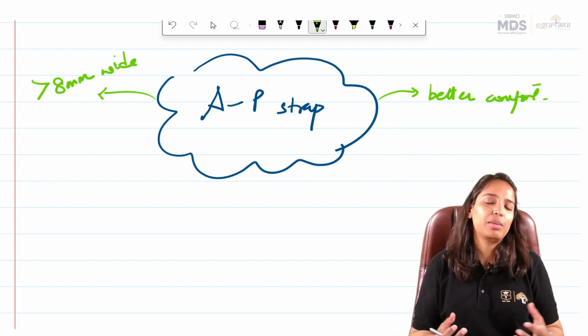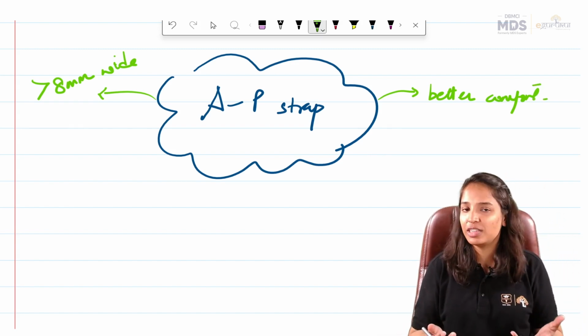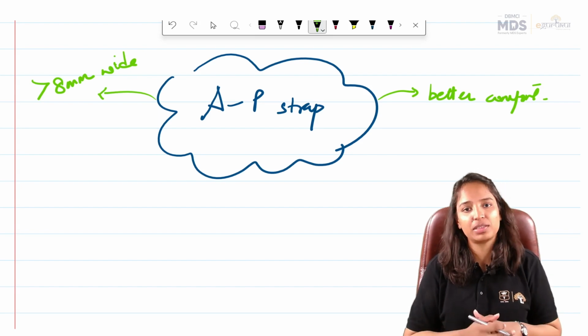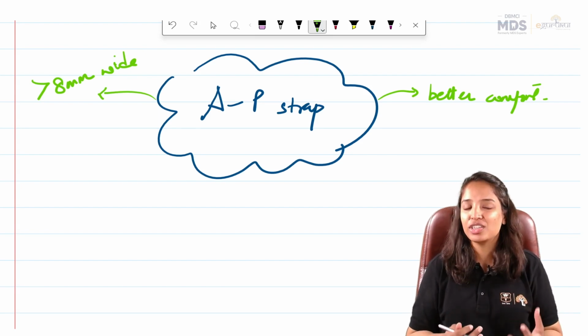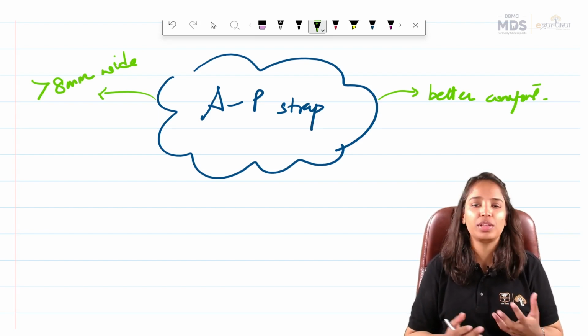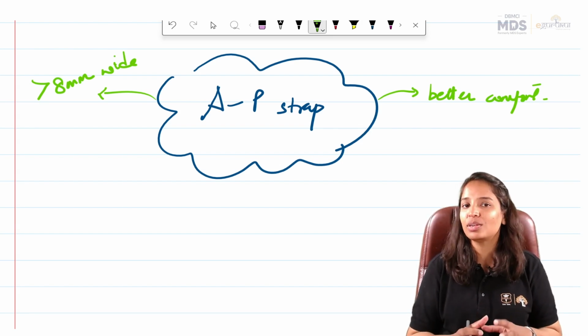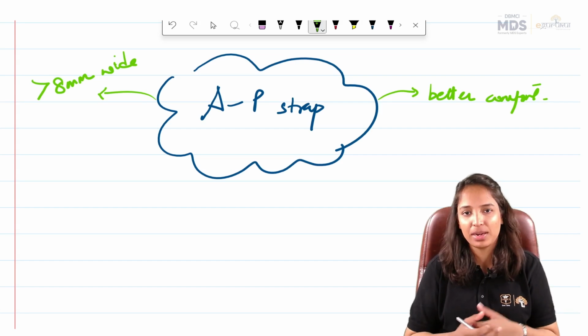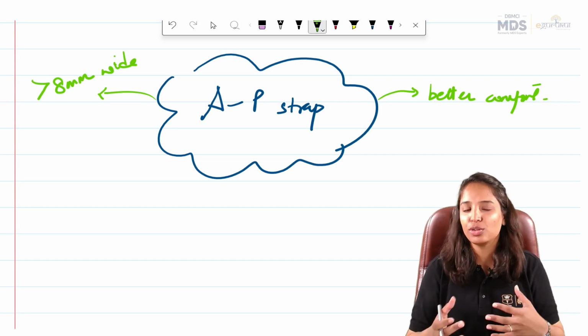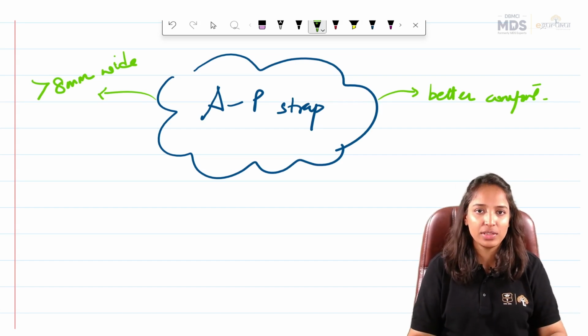If as a clinician I am asked what I would choose, I will definitely choose AP strap over an AP bar because of the additional comfort that it gives to the patient. Apart from that, I'm not listing all other points because they are not differentiating points from AP bar. They are the same, and you can remember them cumulatively over here.